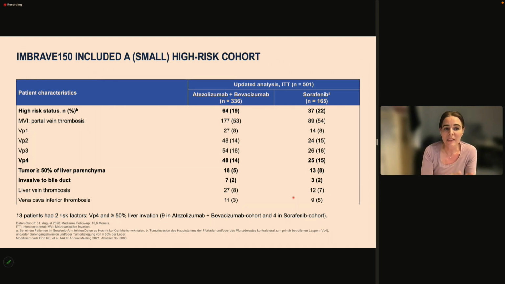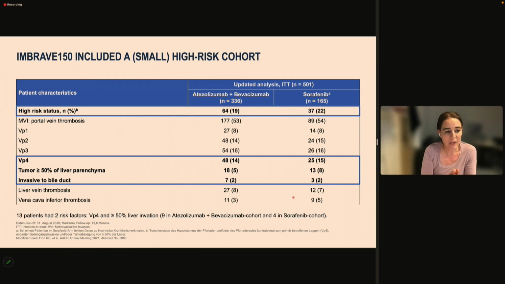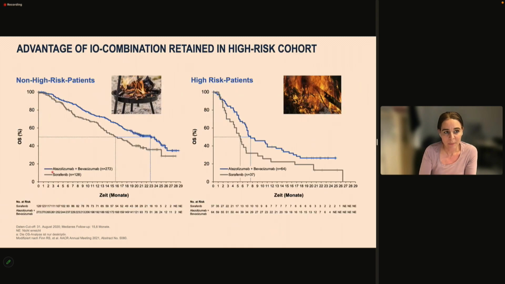However, IMbrave 150 did include about 20% of what was considered a so-called high-risk cohort. And I've marked these patients here. So this high-risk cohort was defined by main portal vein invasion, which is the VP4 status here, and/or pretty high tumor burden in the liver and/or invasion of the bile duct.